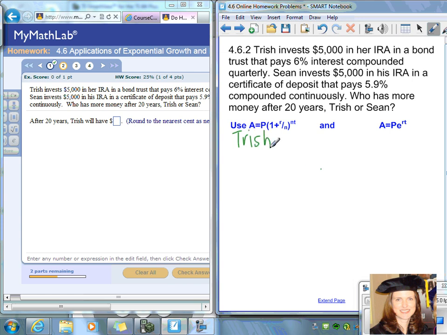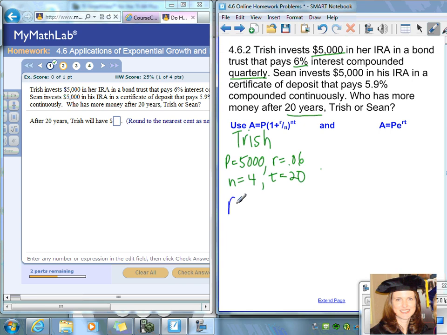So for Trish, we're going to use the following: A equals P times 1 plus R over N to the NT. For Trish, the principal is $5,000, P equals 5,000. The rate is 6%, R equals 0.06, change it to a decimal, and it's compounded quarterly, so N is equal to 4 times a year, and we want to see how much is there after 20 years, so T is equal to 20.